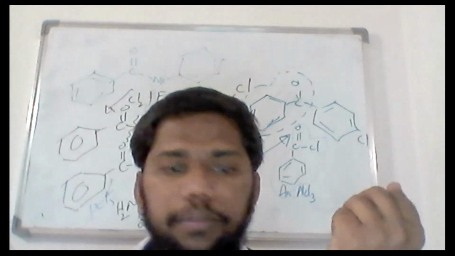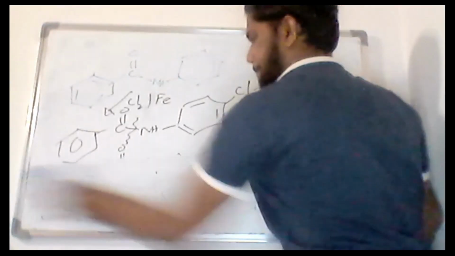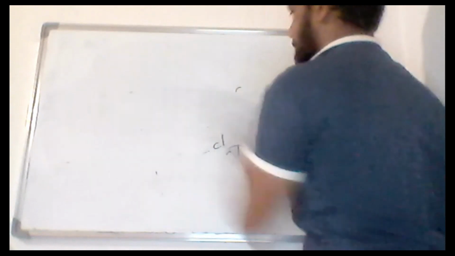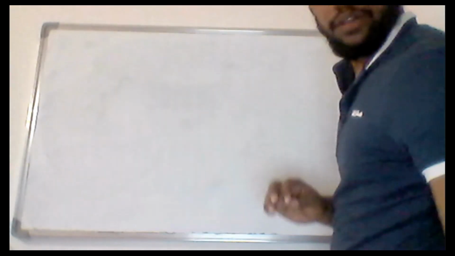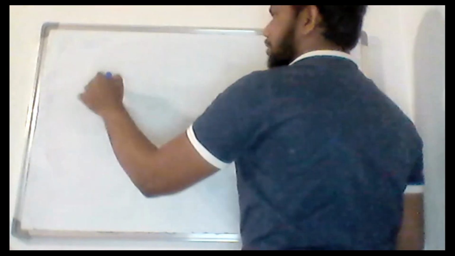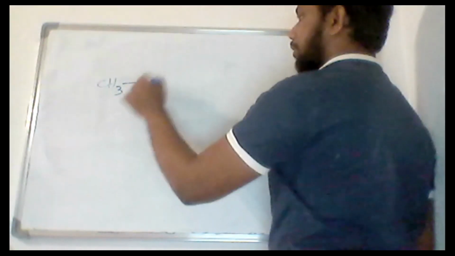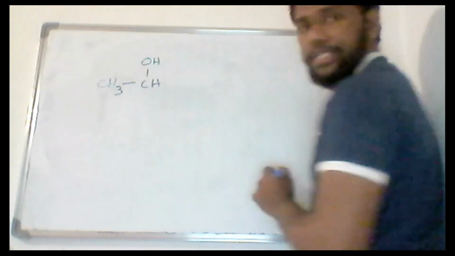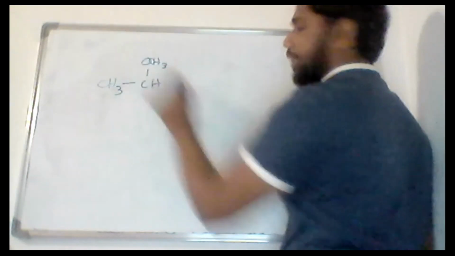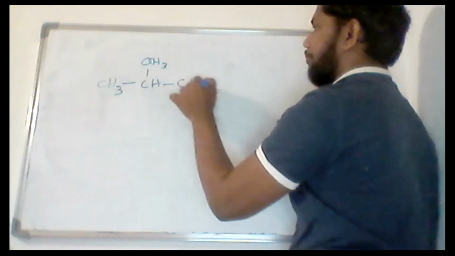So what I will do here, I will use the board again. Right, so the idea is they have given the structure: CH3, C, OCH3, CH3, right?